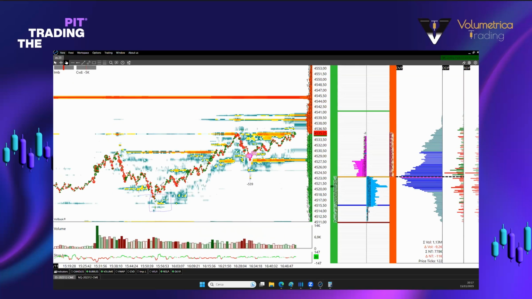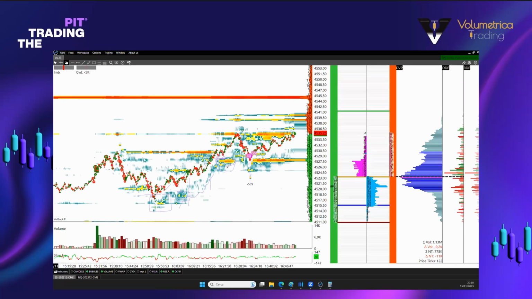After we made this low, you can notice how slowly liquidity was moving up behind price. It's not that clear in this area, but it becomes way clearer here, where we can see price trying to retrace a little bit. Liquidity gets added in the order book below.